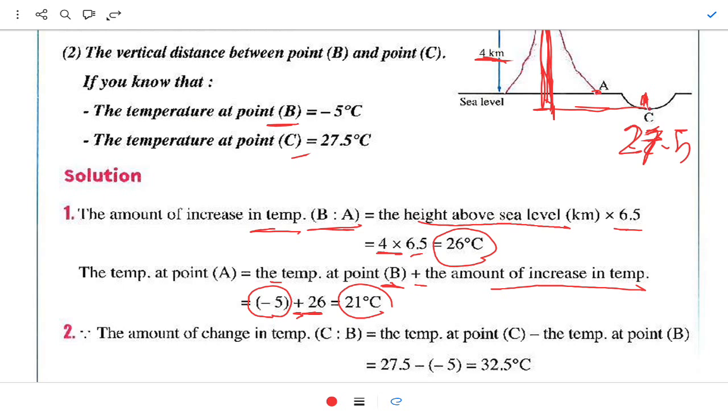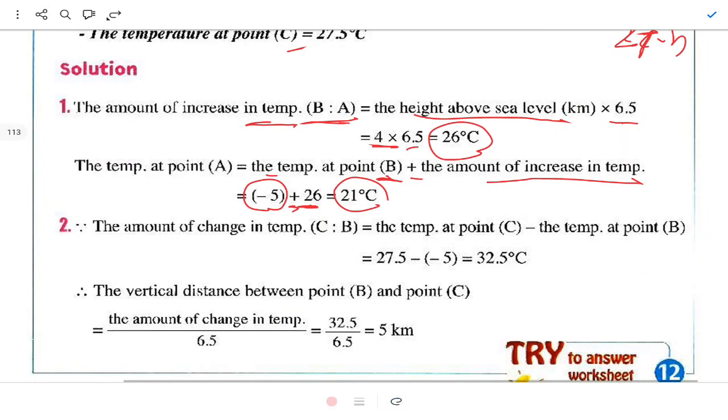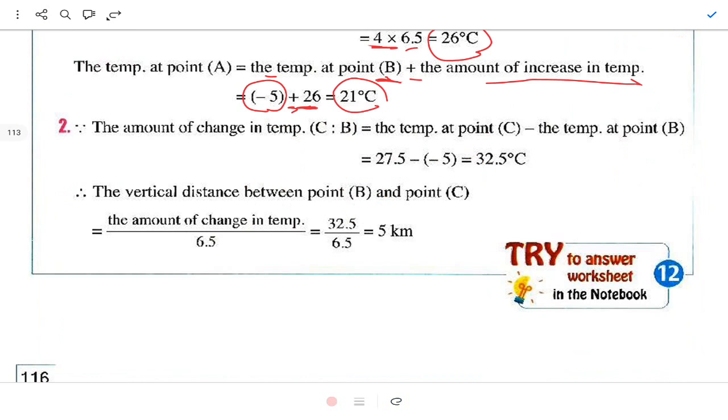21 Celsius. And the last thing, the amount of change in temperature between C and B, the temperature at point C minus the temperature at point P, that's equal to 32.5. But we need what? We don't need the degree.